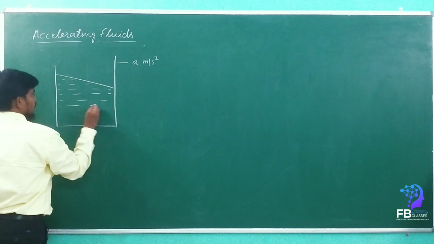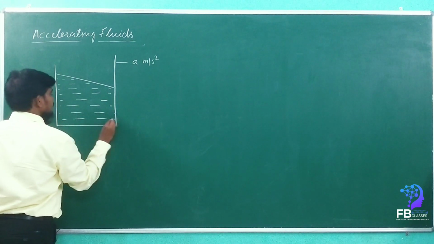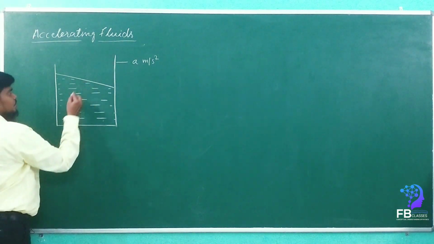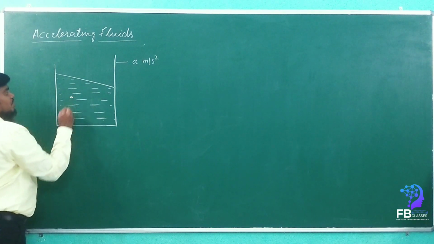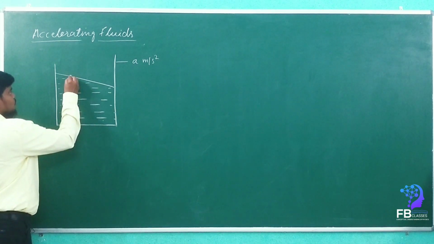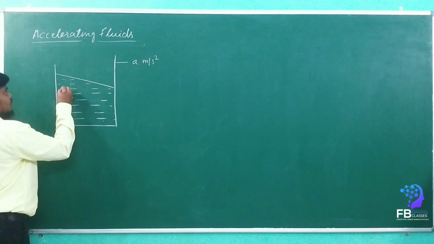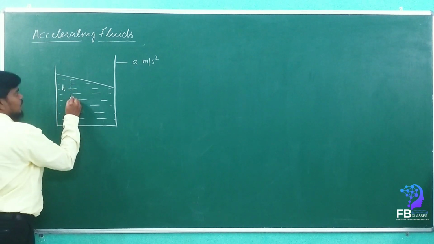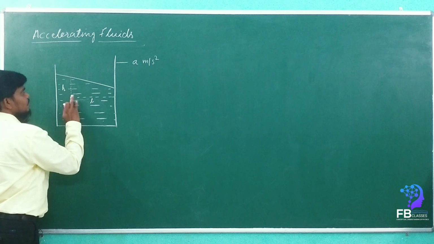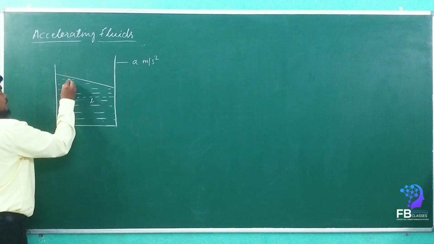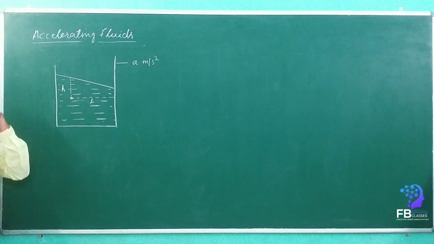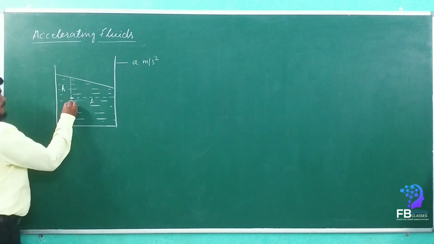Now, if you want to write the pressure at this point, this point is at height h and the length is L. Height h is from the vertical direction and length L is from the horizontal direction.